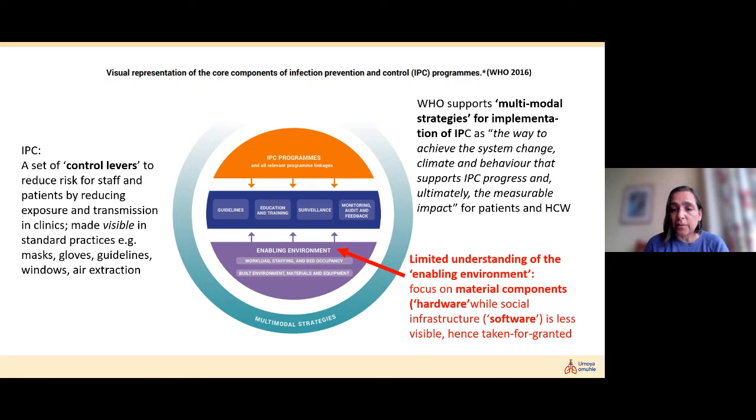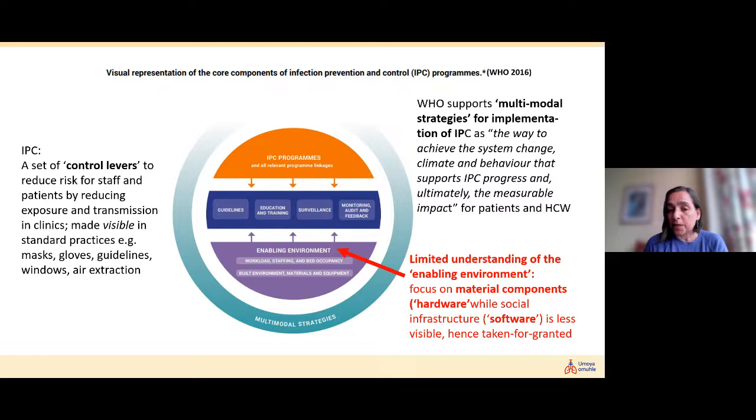As you can see in the diagram, this wider set of factors affecting IPC is acknowledged in the purple area as the enabling environment. But the conventional approach to assessing IPC generally tends to be one of using checklists that privilege particular practices, for example wearing of masks, wearing of gloves, windows open or closed, committees in place, etc. This standard approach still has quite a limited understanding of what the enabling environment is.